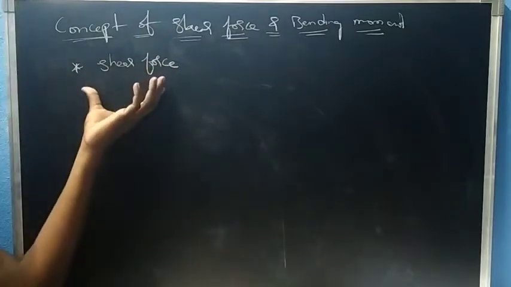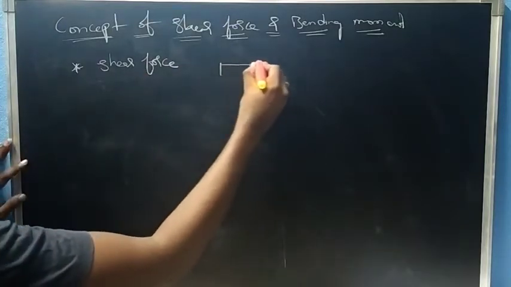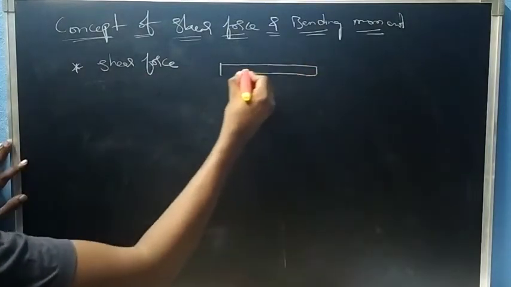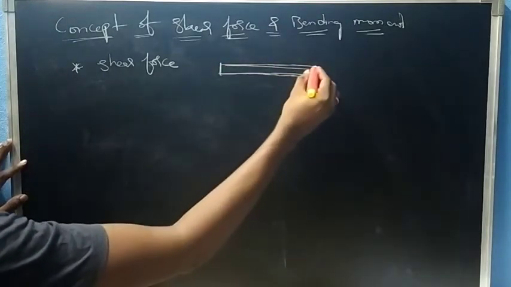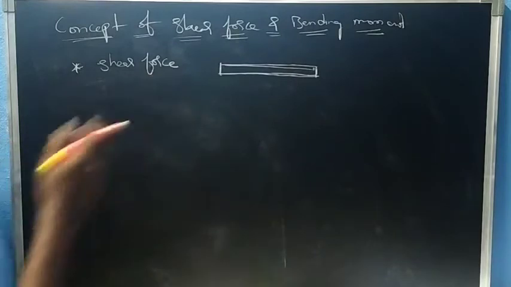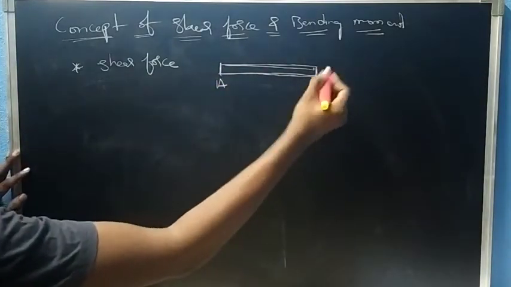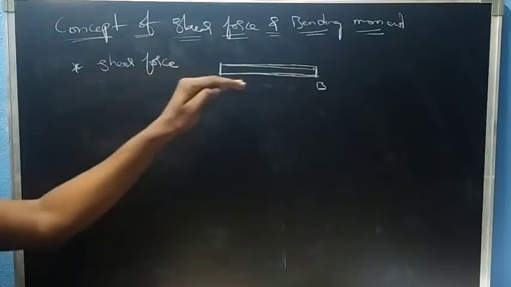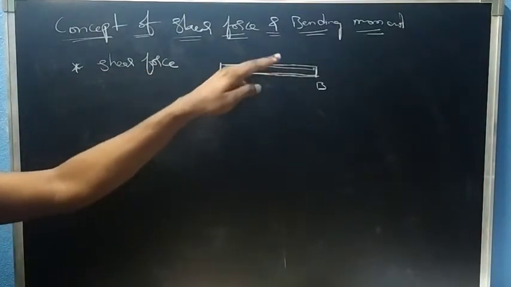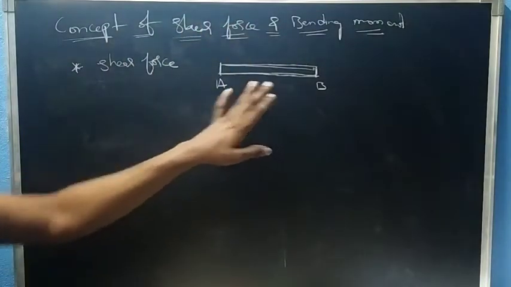So shear force at any cross section of a beam or a section of a beam, let's assume a beam, the span AB, right? So shear force at any section of a beam is equal to the algebraic sum of all the forces.